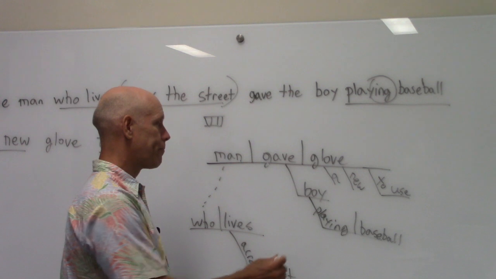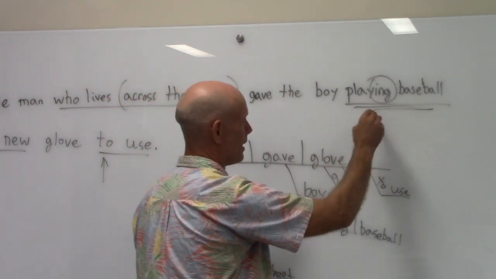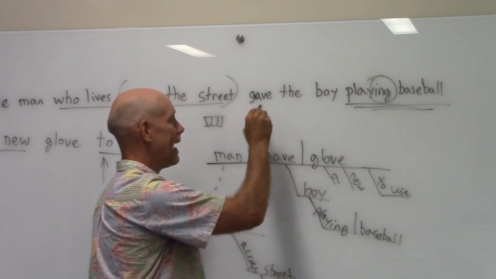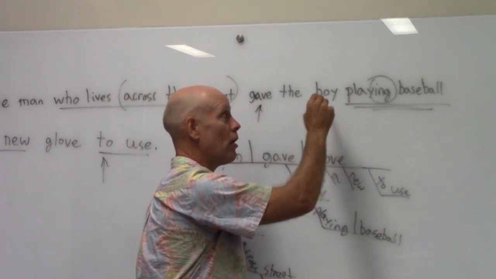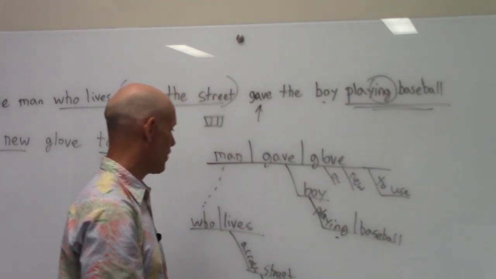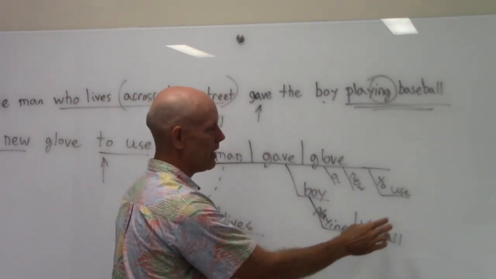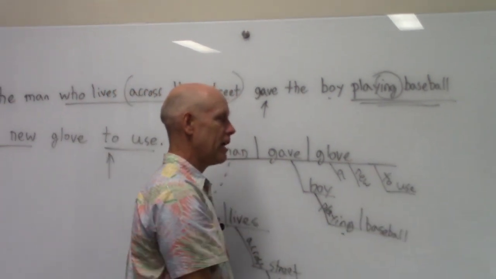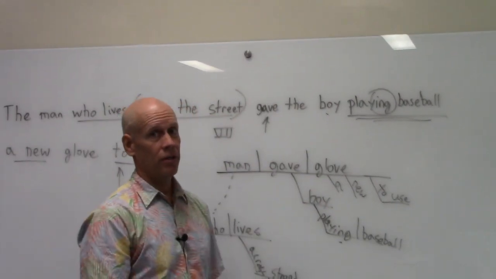Okay, and then the boy. Which boy are we talking about? Well, this thing, what is it doing? Is it telling us where, when, and how? That would make it adverbial. Is it telling us which boy or what kind of boy? Then it's being adjectival. So once again, adjectival relative clause, adjectival participle phrase, adjectival infinitive phrase, and plain old regular adjective. Have fun.